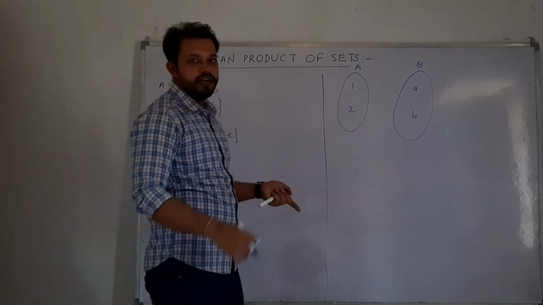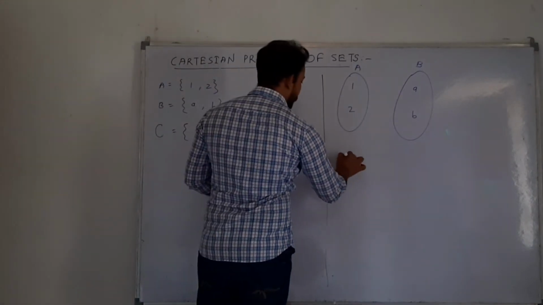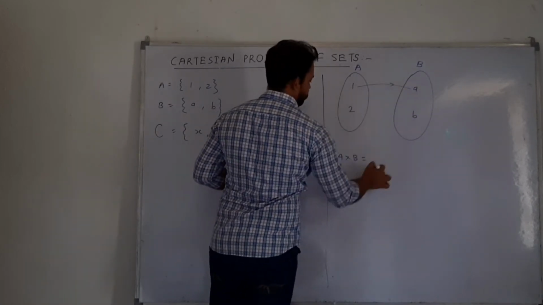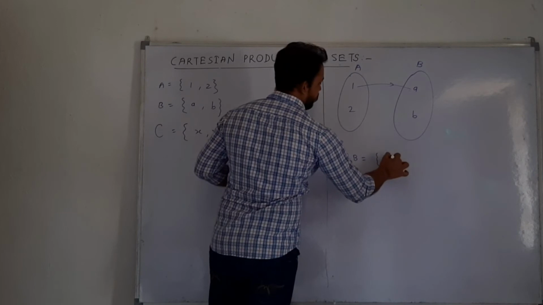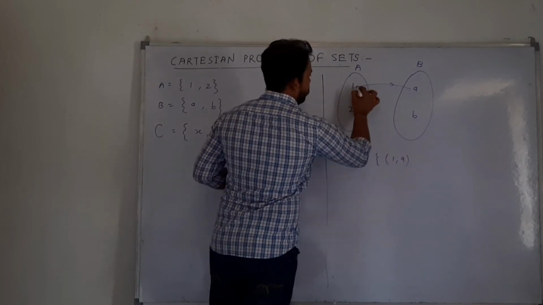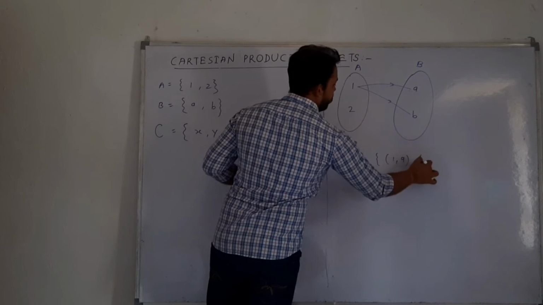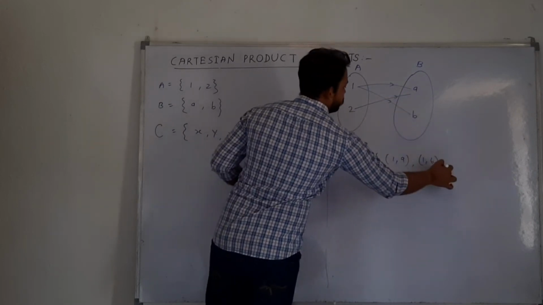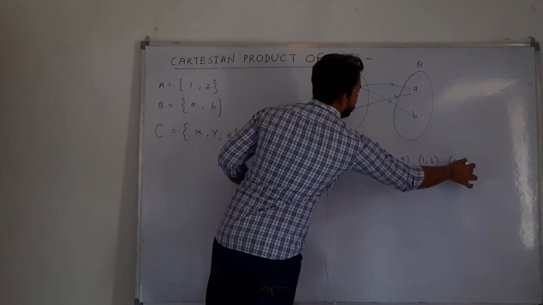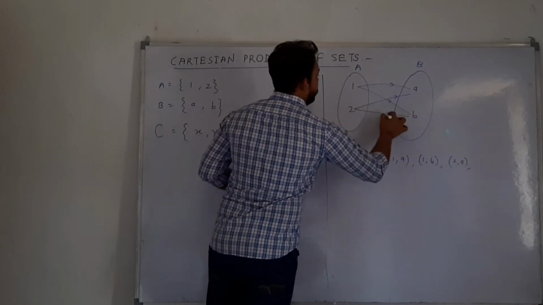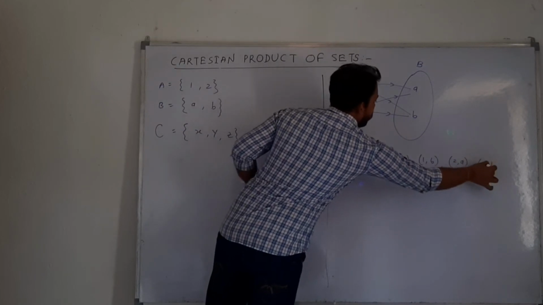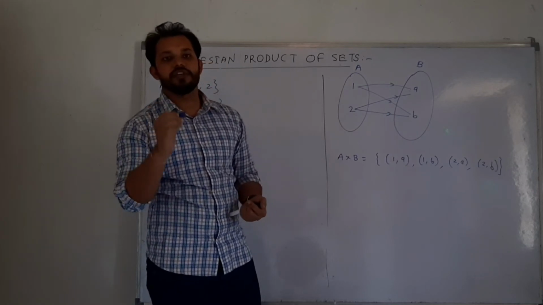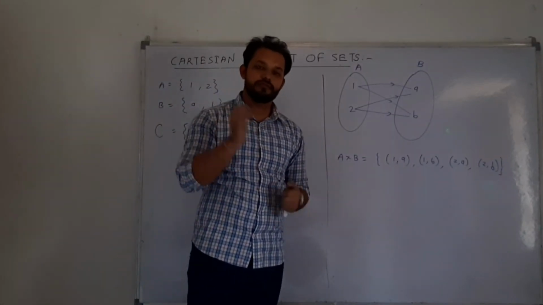Now we know how to find A cross B. So A cross B is equal to 1 to a, that means (1, a), 1 to b, so we got (1, b), 2 to a, so we got (2, a), then 2 to b, so we got (2, b). This is how we got A cross B, that means the Cartesian product of sets A and B.